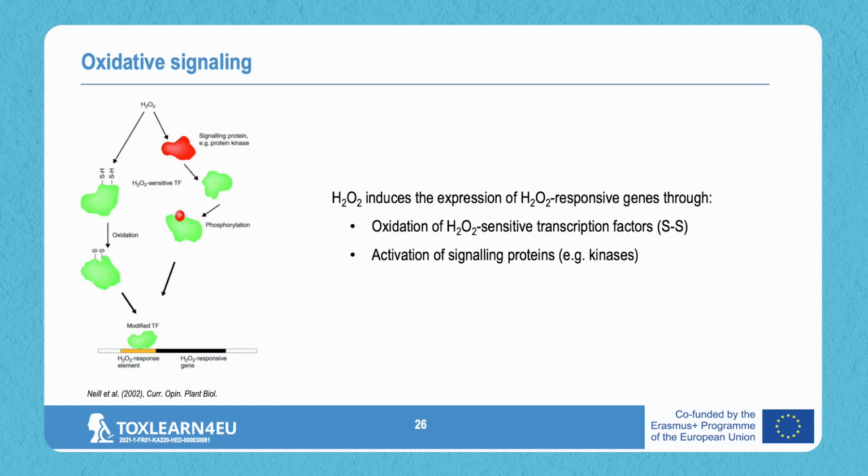Specifically for oxidative signaling, hydrogen peroxide is a very important one, as a lot of hydrogen peroxide responsive genes can be monitored. So we have transcription factors that are highly sensitive to hydrogen peroxide, but also some kinases can be oxidized and in this way become active.